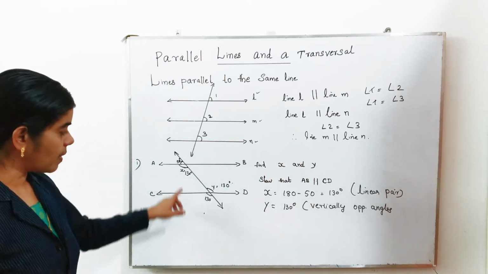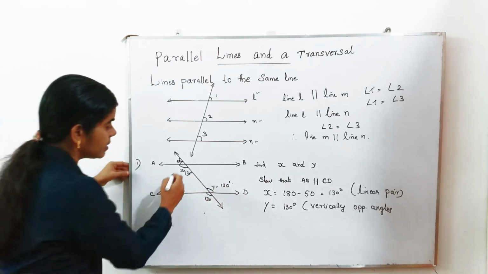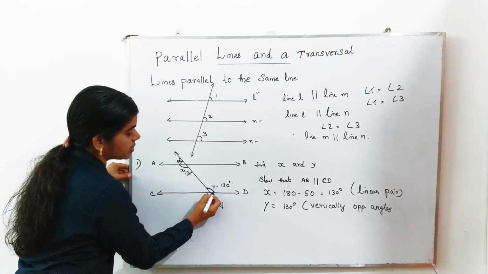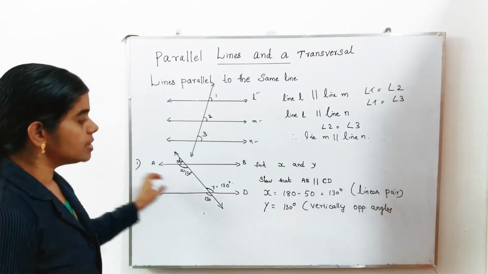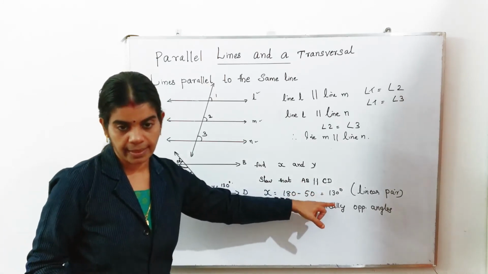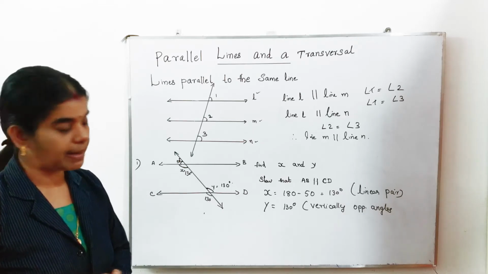Clear this? You got x equal to 130 and y also you got 130. This and this angle. Therefore, one pair of alternate interior angles are equal. So AB is parallel to CD. If one pair of corresponding angles are equal, the lines will be parallel.